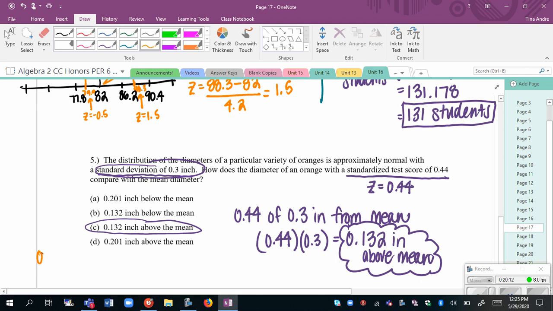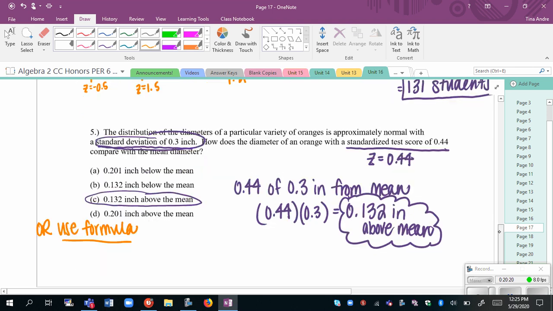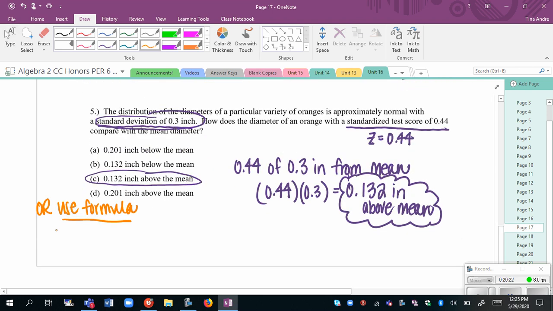I just want to show you that. So what you can do is take your z-score formula. So z equals x minus mu over sigma. Plug in what you know, because this one's interesting because you didn't know the mean this time. So we have the z-score is 0.44. I don't know the individual data point, so that's x.